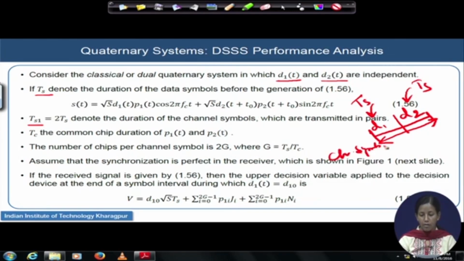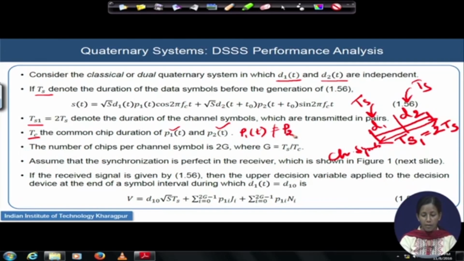The channel symbol is considered with both D1 plus D2, and the channel symbol duration hence we will consider as TS1. The channel symbol duration will be given as twice TS, and as I have already mentioned, TC is the common chip duration for both P1 and P2, but P1T is not equal to P2T.